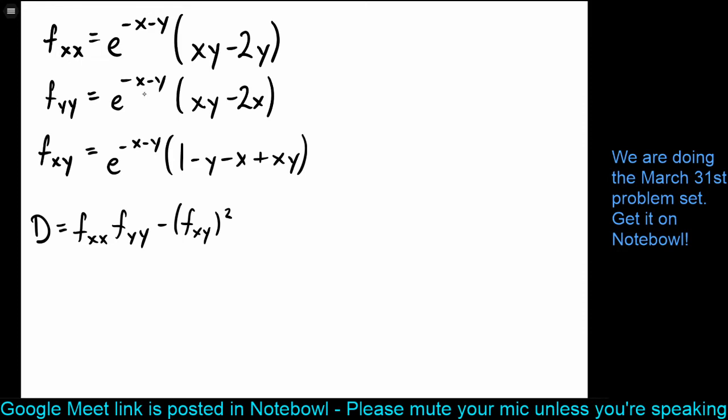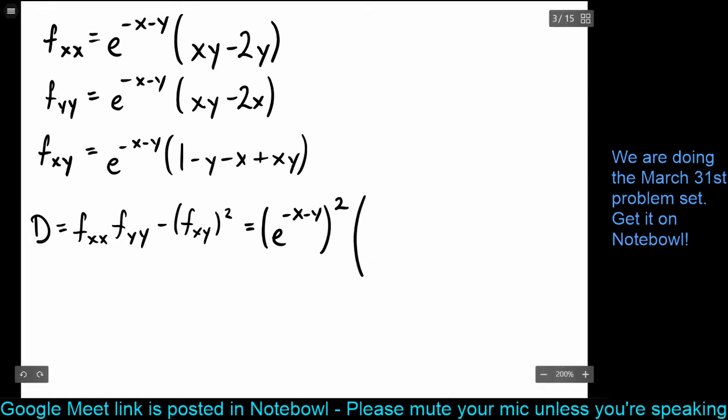Notice how each of these has this e to the minus x minus y in it. What I'm going to do is preemptively factor that whole thing out of everything. I get one copy from here, one copy from here, and two copies from here. And then maybe it's a good idea to just do this on a new line.